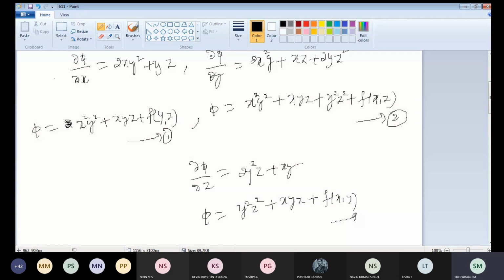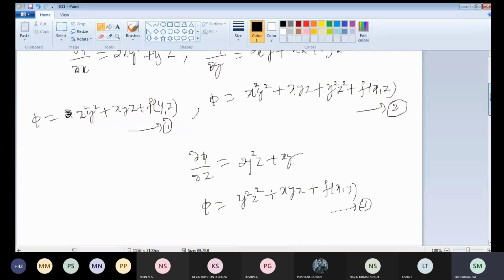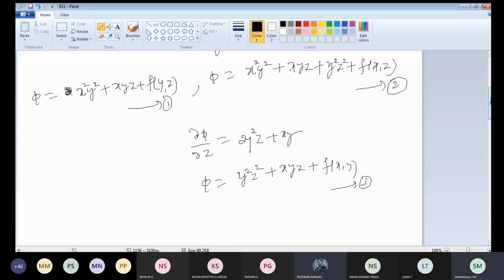Did you get the same values of phi in equations 1, 2, 3? Yes, sir. Same. Okay, so equation 1 gives phi equal to x square y square plus xyz plus f of y comma z. By using equation 2, f of y comma z contains only y and z, that is y square z square.